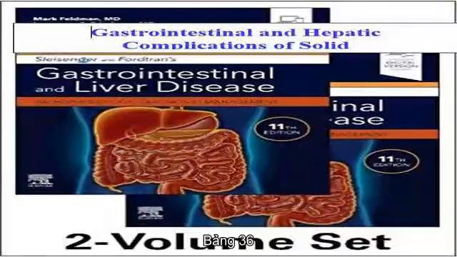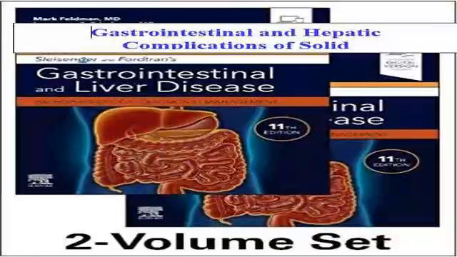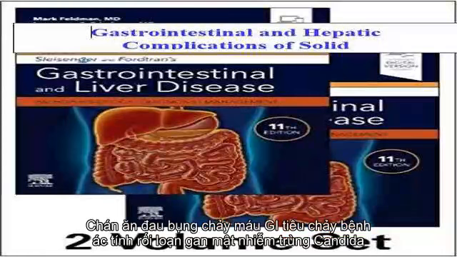Table 36.1 Causes of intestinal and hepatobiliary disorders in solid organ transplantation recipients. Esophageal symptoms: nausea, vomiting, anorexia, abdominal pain, GI bleeding, diarrhea, malignancy.